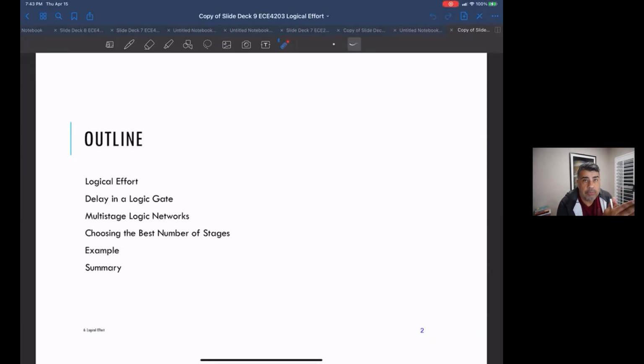That means with the right inputs, you get the right outputs. That's very important. And the second thing in terms of functionality is that it functions at the speed required for your specifications. So a lot of work is done in analyzing timing when you're simulating your logic designs.